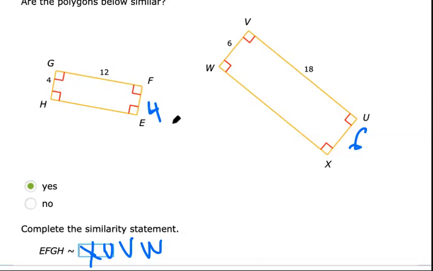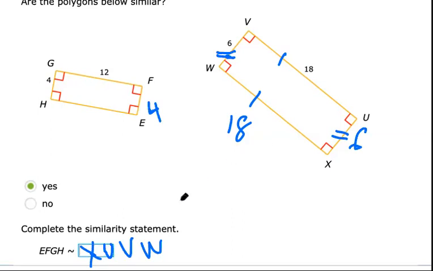Since they're both missing right there. Then I got my big side right there, which is my UV. So UV right there, which is the same as FG. And then we have GH is 4, VW is 6. And then my last side right here, everything's going to correspond the same. That's going to be 18. So those two sides are going to be the same as well.